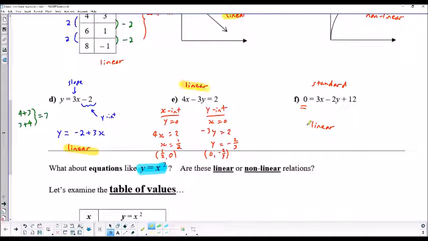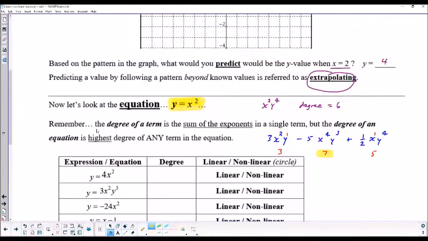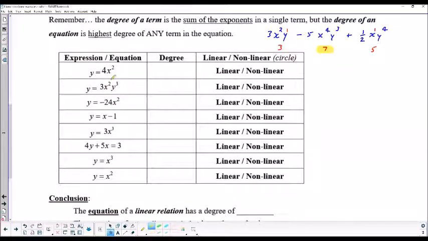So what's so special about y equals x squared that makes it nonlinear, where all these other equations are linear? Well, of course, the exponents might give it away. We've got an equation here where the exponent is 2.